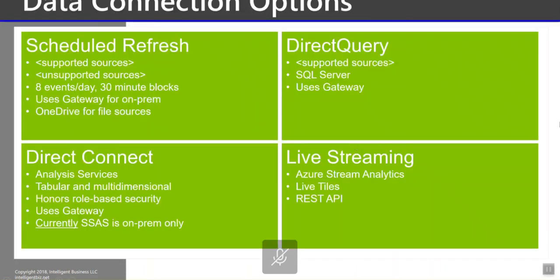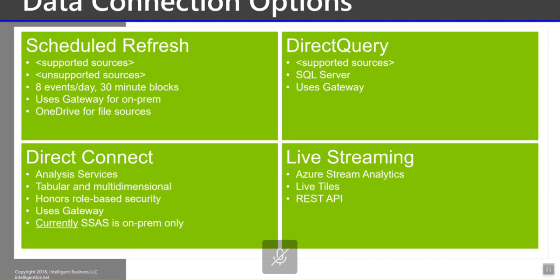All right. So let me just boil this down into options. Why would I not want to use on-premises data? If you're a Power BI Pro user, you are limited to a PBIX file size of 1 gigabyte per file.